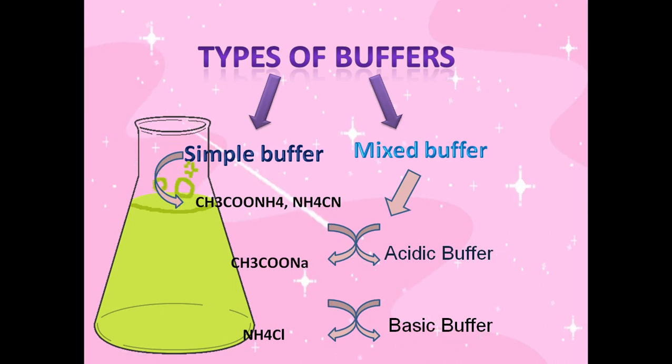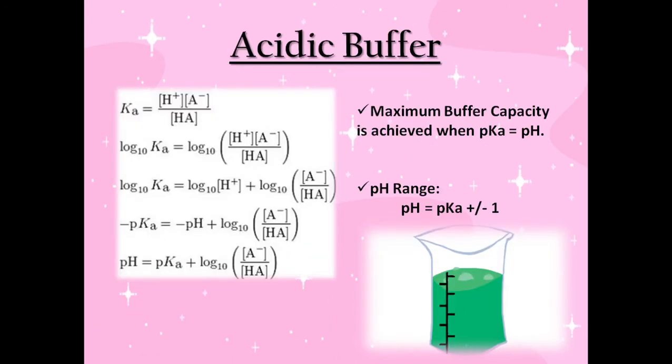A basic buffer is made up of a strong acid and a weak base. Simple as that. Okay, coming to the acidic buffer and how we can tackle problems when you face them in your examinations.